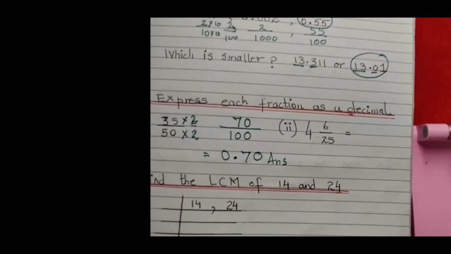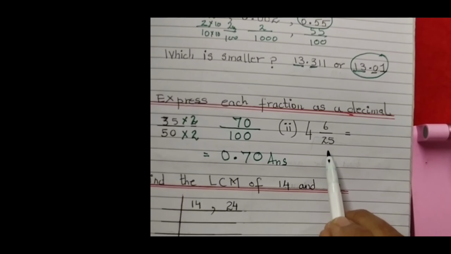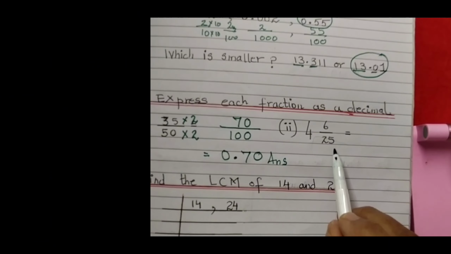Alright, let's focus on this figure. 4 is a whole number. 25 needs to be converted into 100. Why? Because I can easily convert 25 into 100. Children, if you remember, we have done this in class. 25 times table. I always tell you to learn 20 times and 25 times table very well.